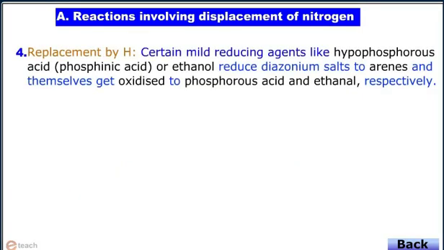Replacement by H. Certain mild reducing agents like hypophosphorous acid or ethanol reduce diazonium salts to arenes and themselves get oxidized to phosphorous acid and ethanal respectively. The following reaction is given.